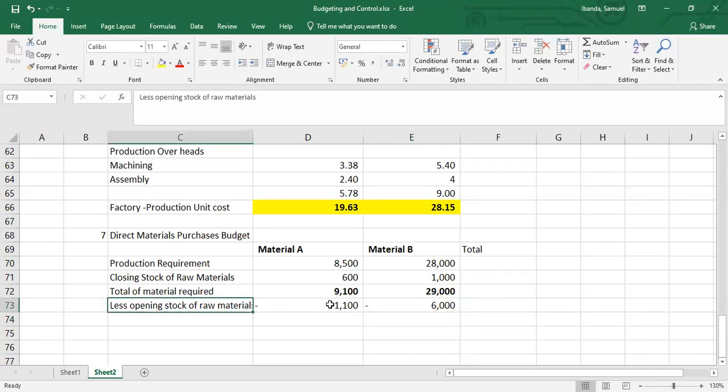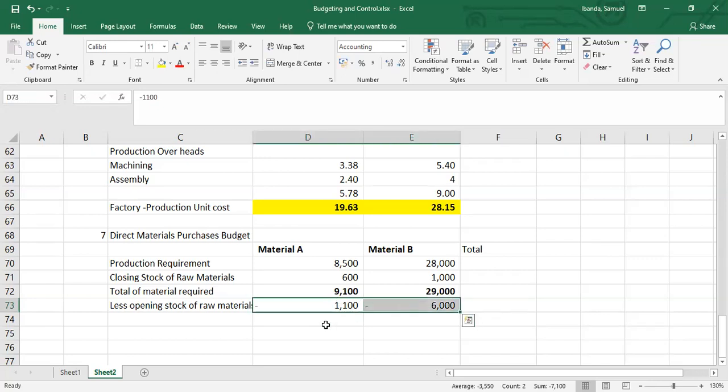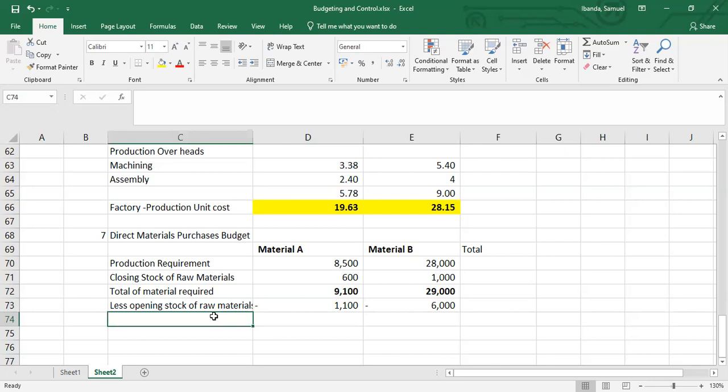The reason why I'm lessing is because this already exists, so I don't need to buy quantities of 1,100 and 6,000 of these materials. They already exist. So I first need to determine the net: what will I exactly need? I'll call this the material purchase requirement.